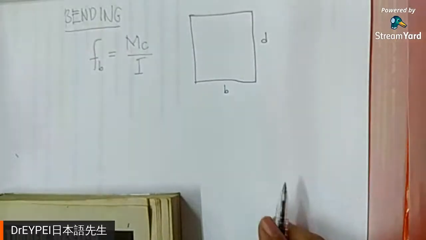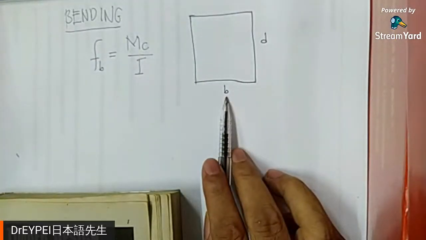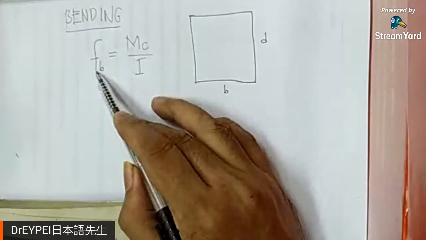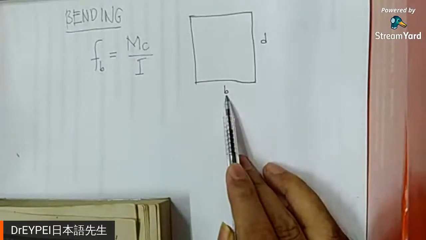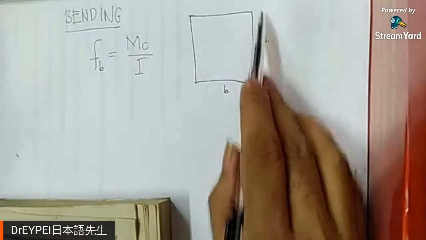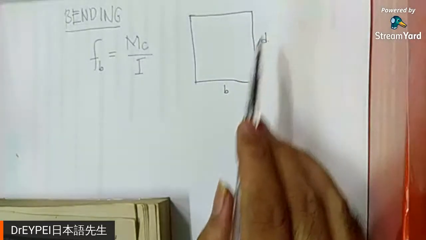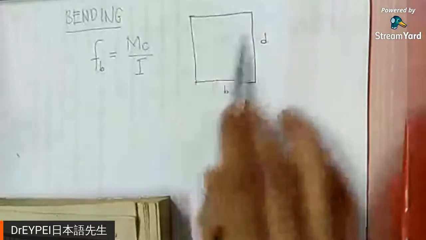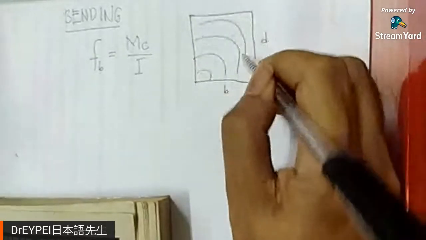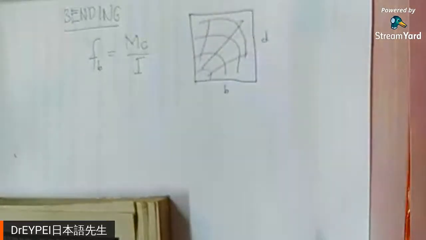And if we call the width to be B, this B is not width. This B is subscript. This is a subscript of F. Okay, this B is defined as width. This D defined as depth. So BD is actually the area of this cross section.